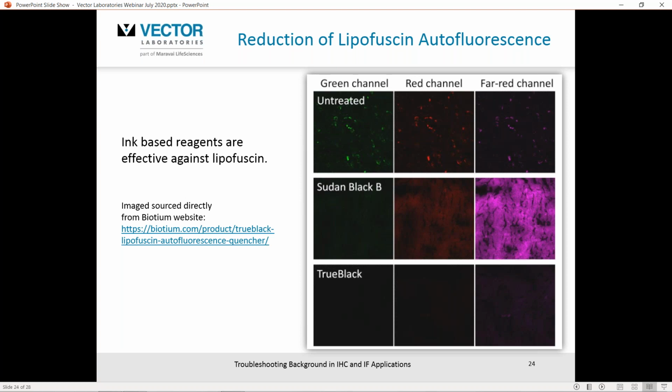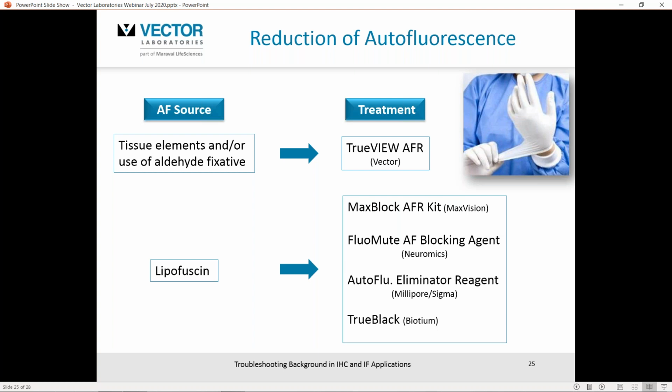However, Biotium do have a product I've indicated here that does work across the spectrum. So if you do encounter autofluorescence, identify the source of that autofluorescence, say through tissue elements or an aldehyde fixative. Look for TrueView. If it is from a lipofuscin source, then there are quite a number of ink-based reagents out there that are effective in reducing that.